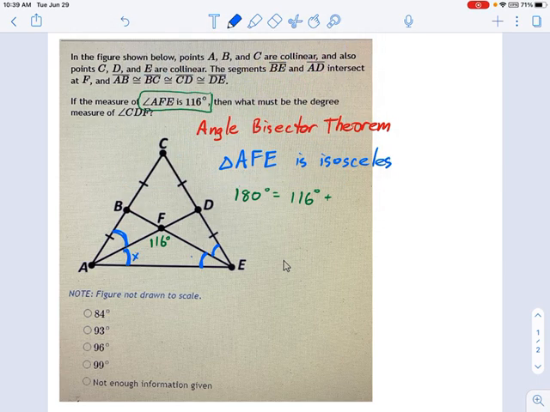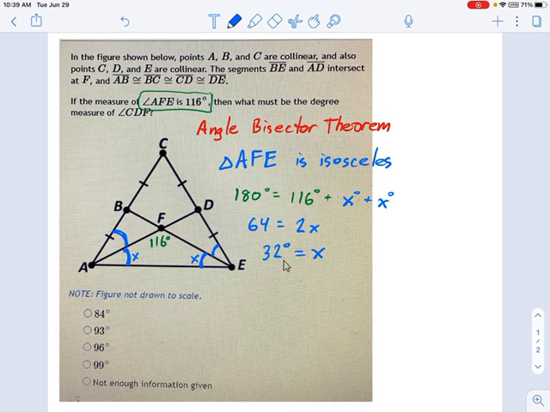And I'm going to say, well, let's just call those x, plus x, plus x. And we can use a calculator to figure out what x is, right? We just do 180 minus 116, and that's going to give us 64 degrees equals 2x. So divided by 2, and we get 32 degrees equals x.